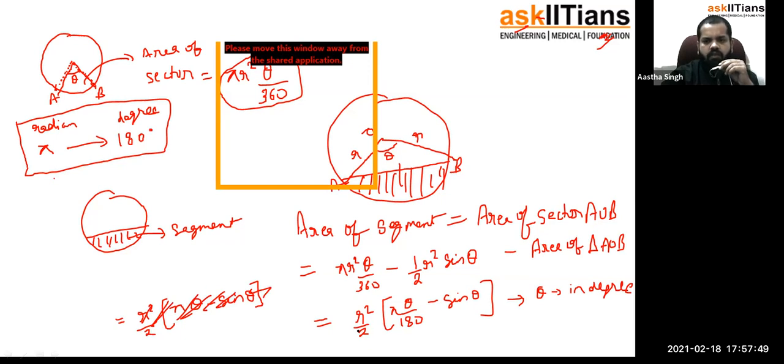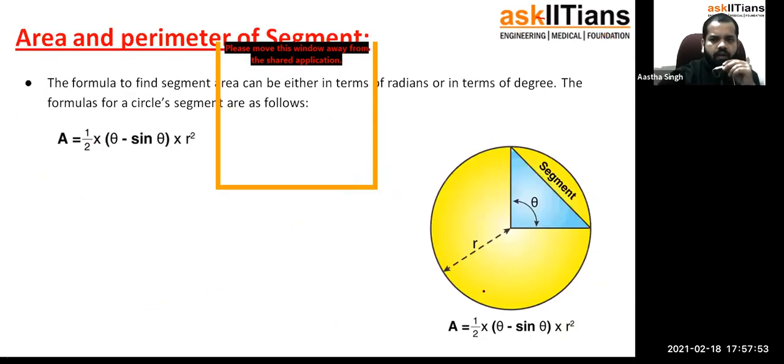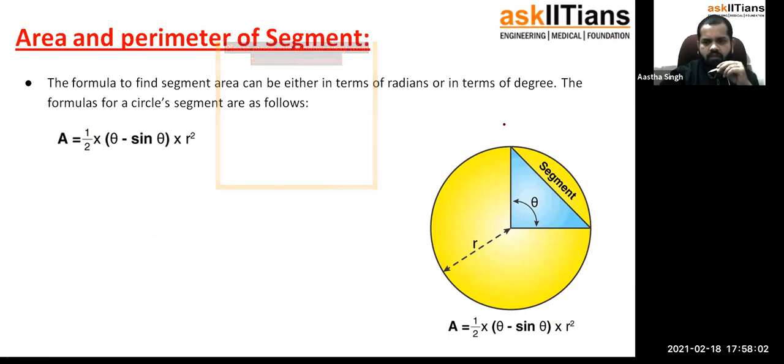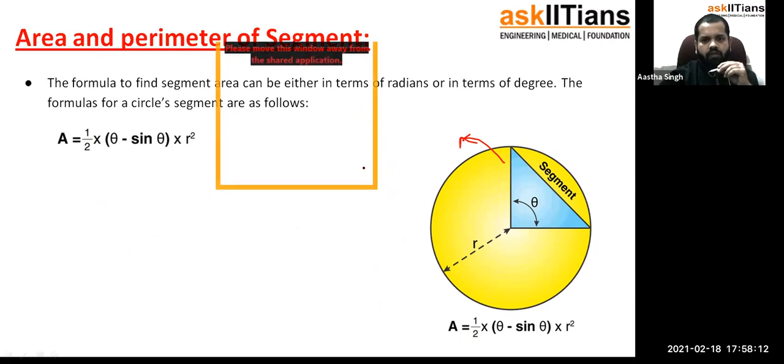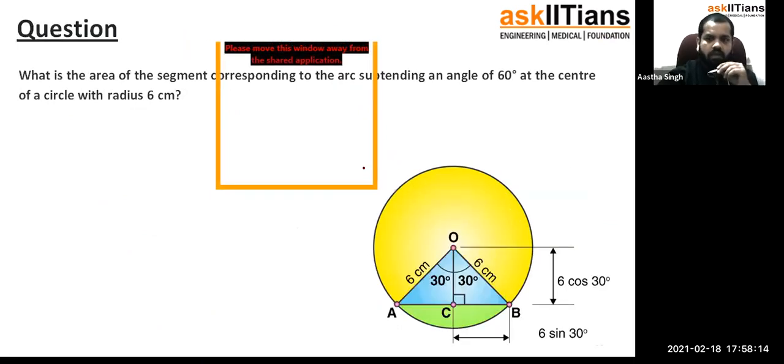R square by 2 into pi theta upon 180 minus sin theta, where theta is in degree. It is basically the same thing, here your theta is in radian. Always remember for your segment, just take the area of your sector minus area of triangle, and you will get the value of your area of segment. Now let us do a question for it, it will be more clear.